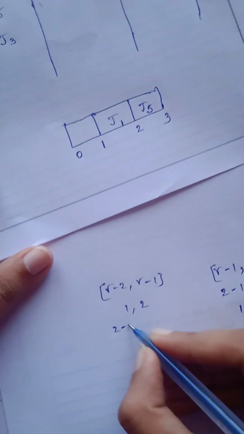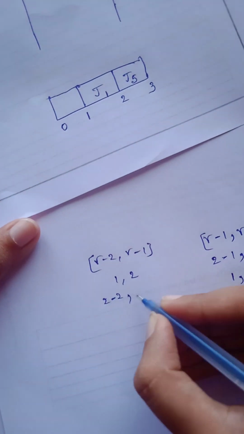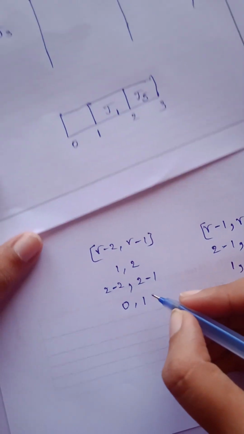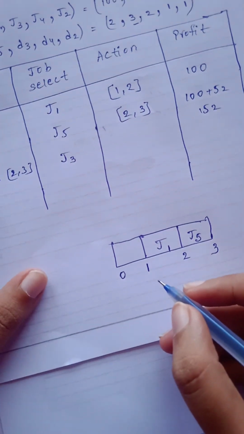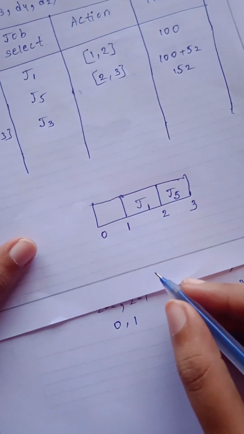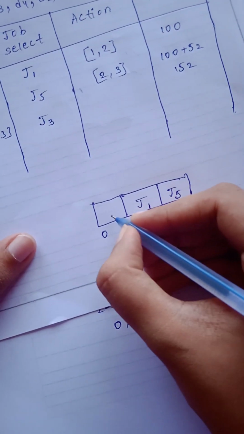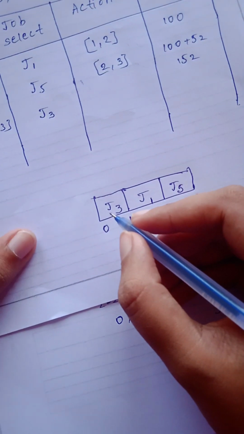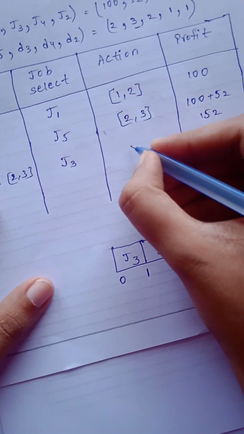Then 2 minus 2 comma 2 minus 1 gives 0 comma 1. So J3 is allocated to 0 comma 1. Now the action is 0 comma 1.